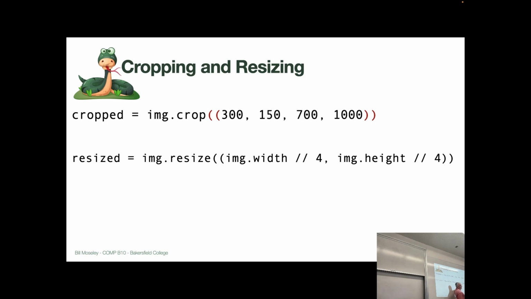If you give it a float, it's going to choke on you because you can't have part of a pixel. It can't be 350.5 pixels because there's no such thing as a 0.5 pixel. It has to be integers. So we're using floor division, dividing the width by 4 and the height by 4, which gives us an image that is exactly 1/4 the size of the original.